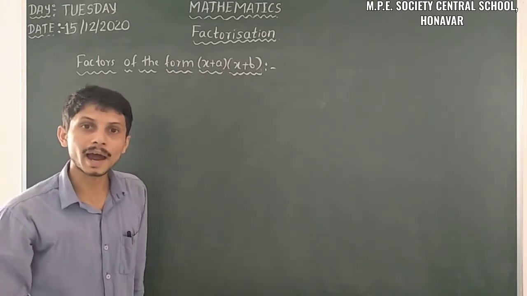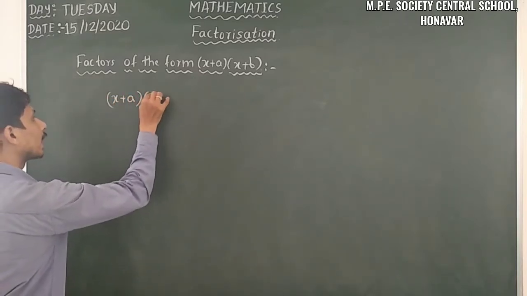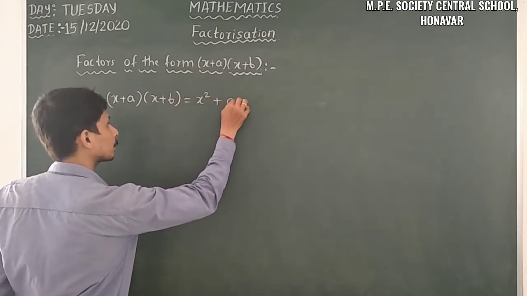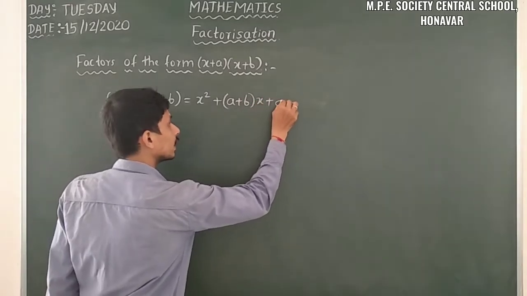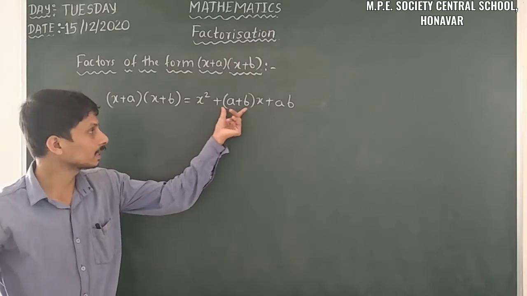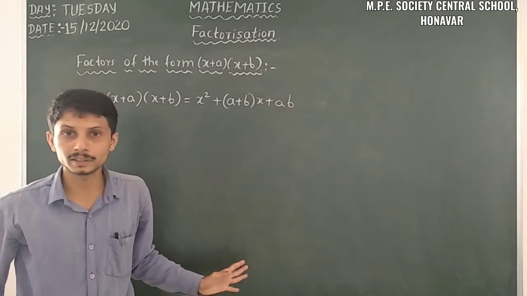So let us take the identity, that is x plus a into x plus b is equal to x square plus a plus b into x plus a into b. Here just observe, we have x square and a plus b into x plus ab. All those are unlike terms, we can't reduce.